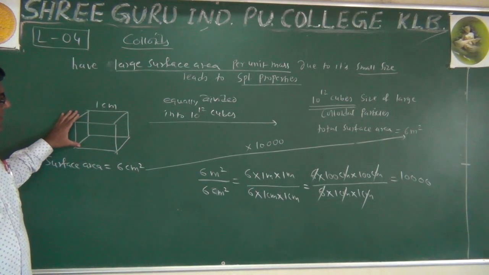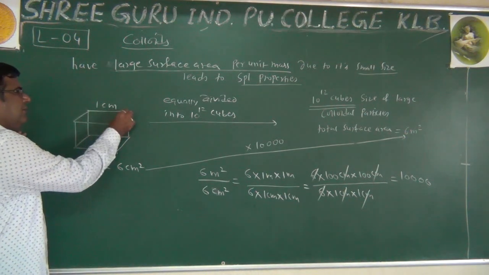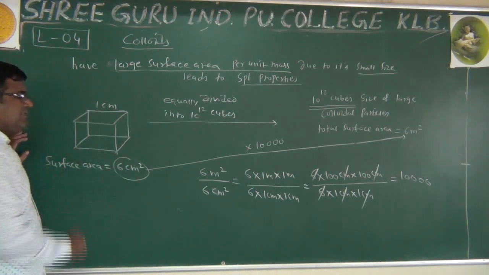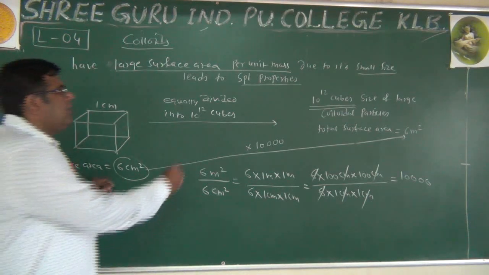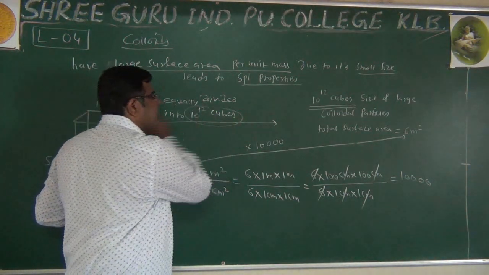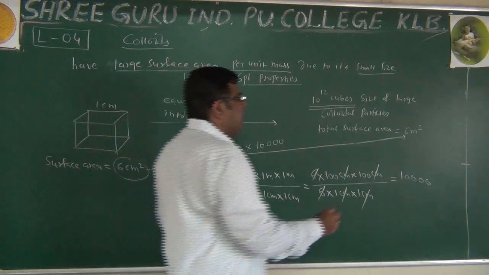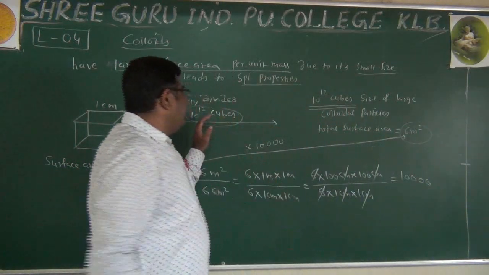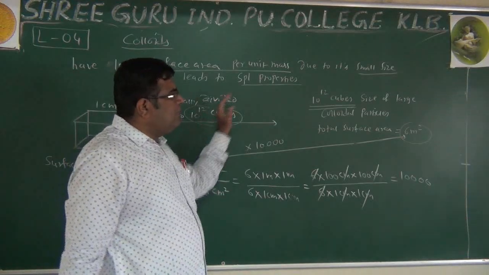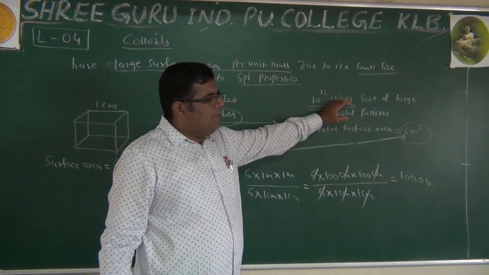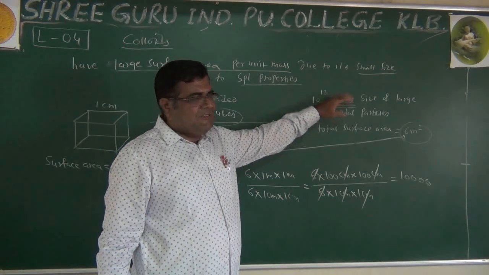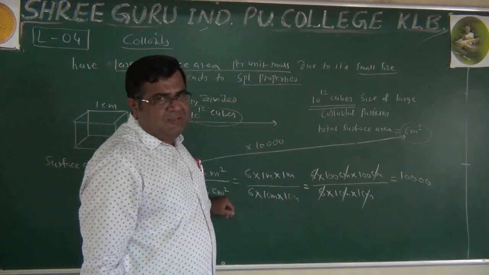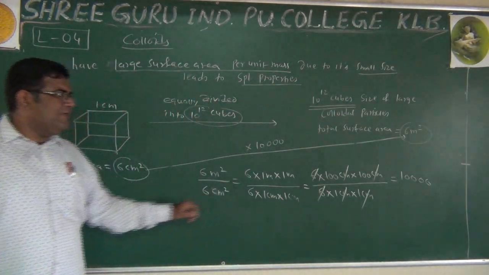So this 1 centimeter cube, surface area 6 centimeter square, equally divided into 10 raised to 12 cubes, and the area becomes 6 meters square. Why are we dividing into 10 raised to 12 cubes? Because then we get our particle size, which is in accordance with the size of particles in colloids.